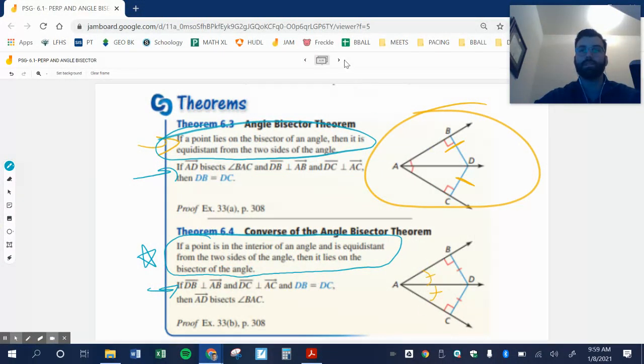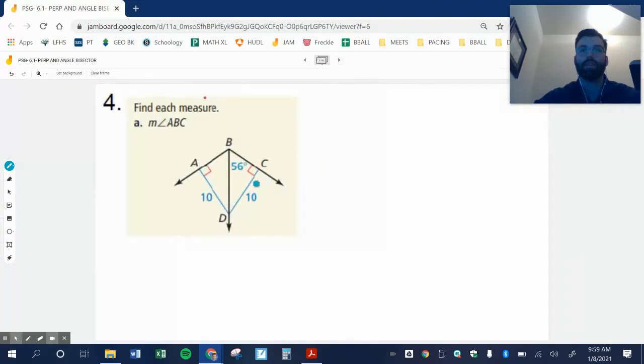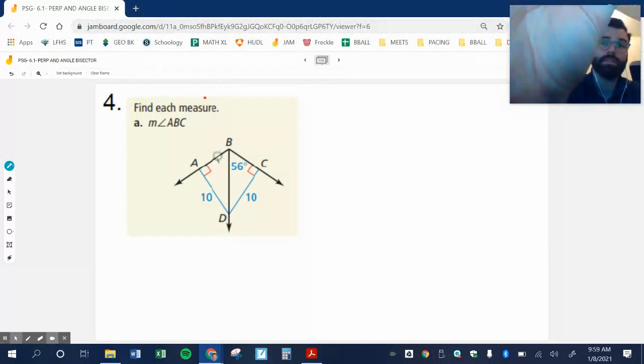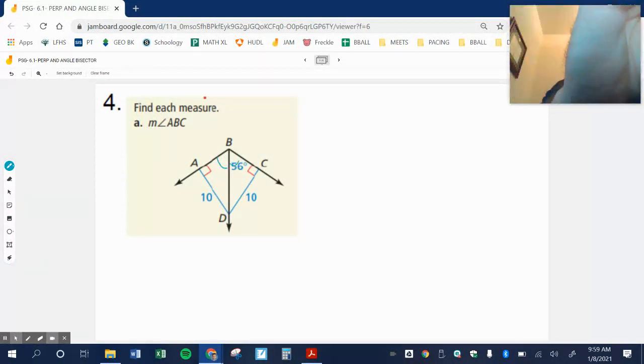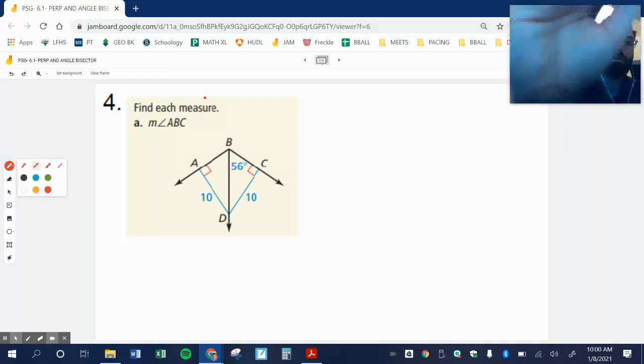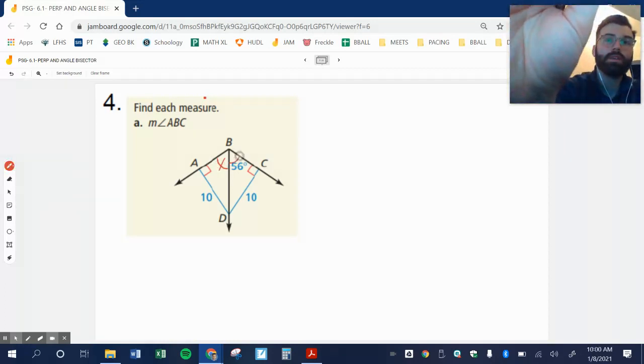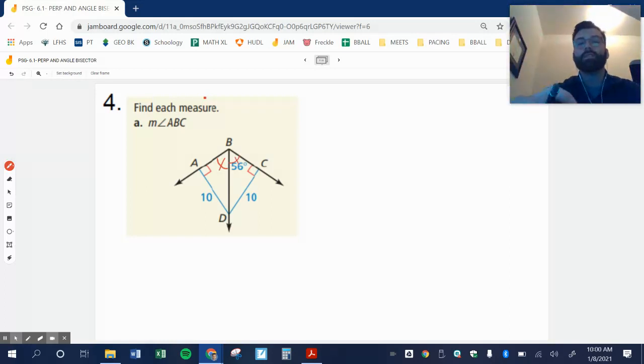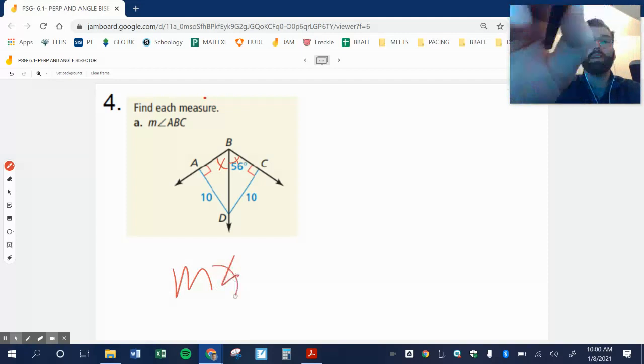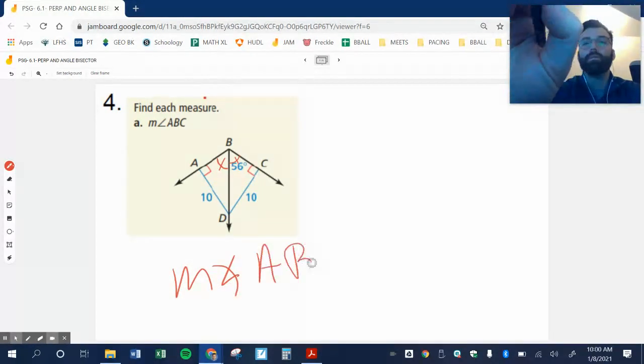So if CBD is 56, then DBA is also 56. These two here are congruent. I'll make that red, actually. So these are the same. If these are the same, that means this is 56. So the measure of angle ABC is just going to be 12.